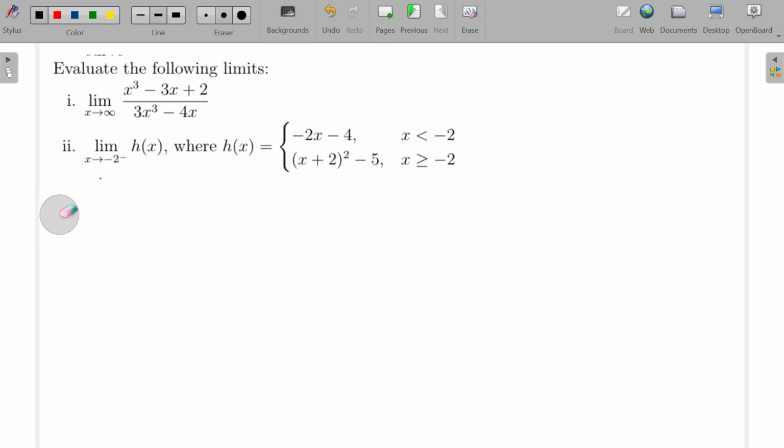So the limit as x approaches what? Infinity.